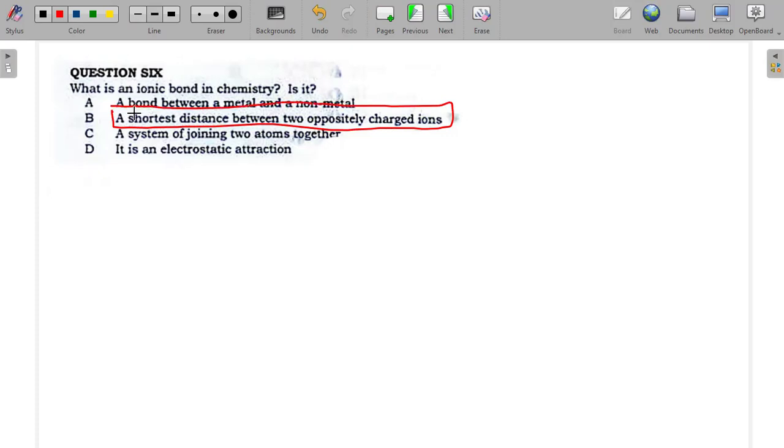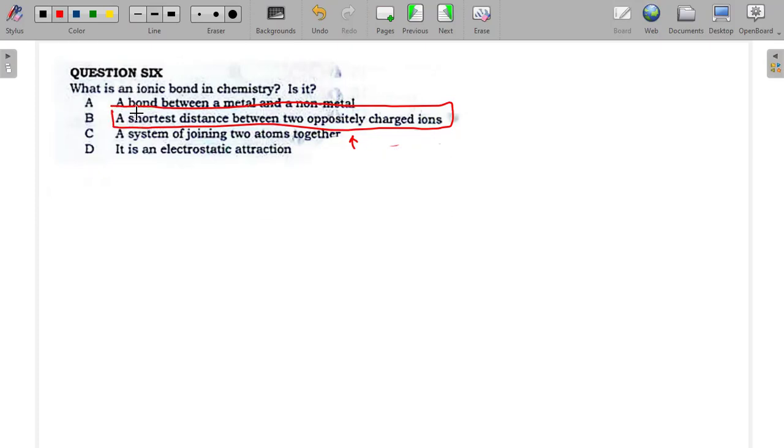This one sounds wrong. Oh, okay. Yeah, I read this word here as positively. But no, it's oppositely. So that's the correct definition of an ionic bond.